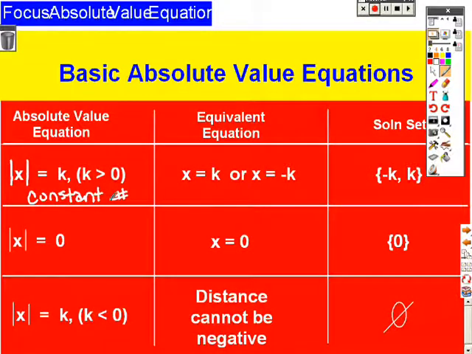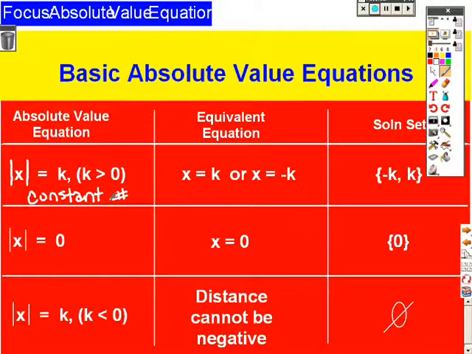So if you have an equation that says absolute value of x equals some number where the number is greater than 0, you're going to solve that equation by writing an equivalent equation like we have here in the middle.